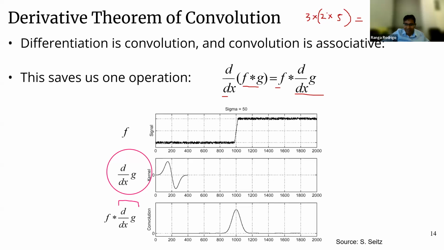It does not matter, it's the same thing. So the convolution is also like that. You can associate. So therefore, first of all, you can run the derivative operator on the Gaussian. G is the Gaussian. Run the derivative operator on the Gaussian and then convolve with the image.